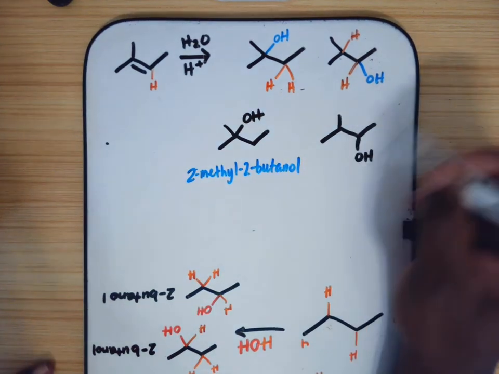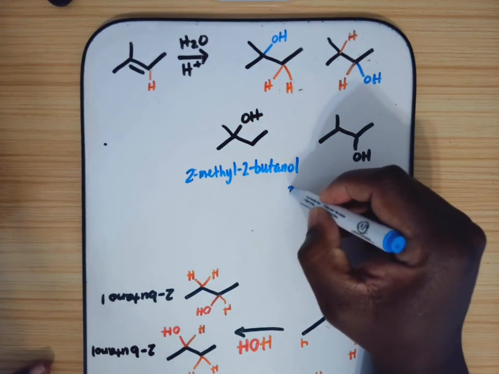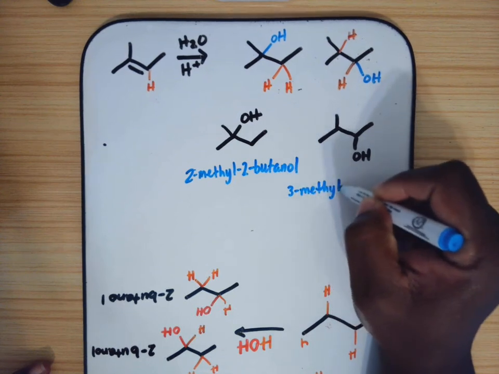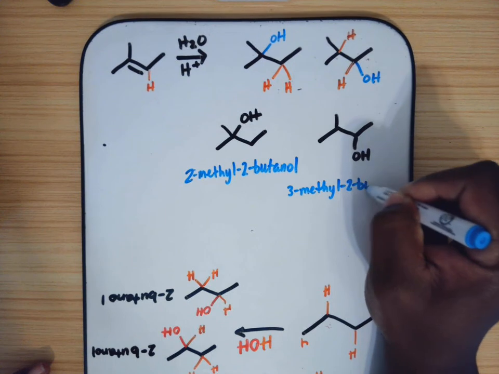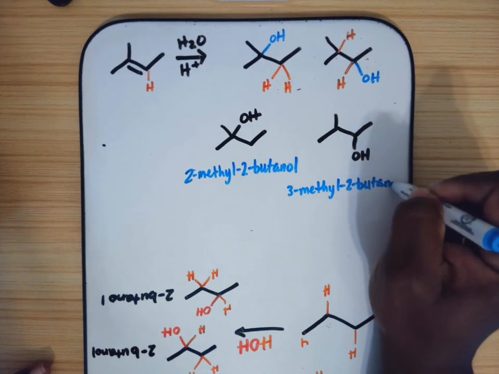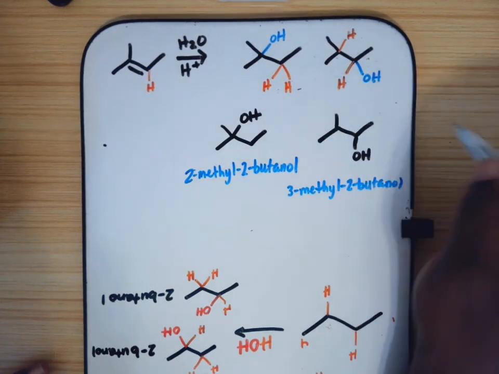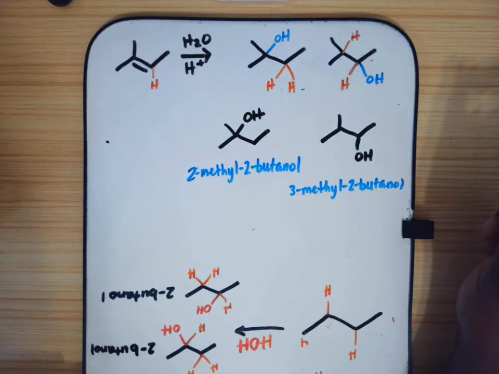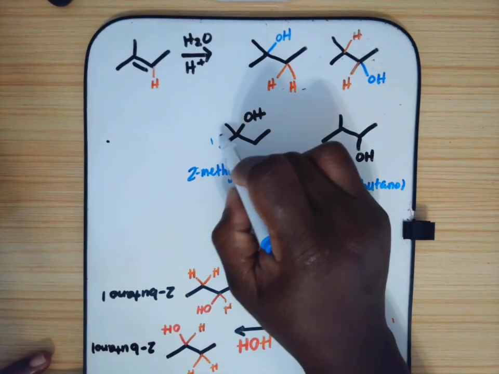Here, now we have 3-methyl 2-butanol. Because remember, we can number our parent chain from left to right or right to left. But you want to number so that your functional group gets the lowest number possible. So here we went left to right.